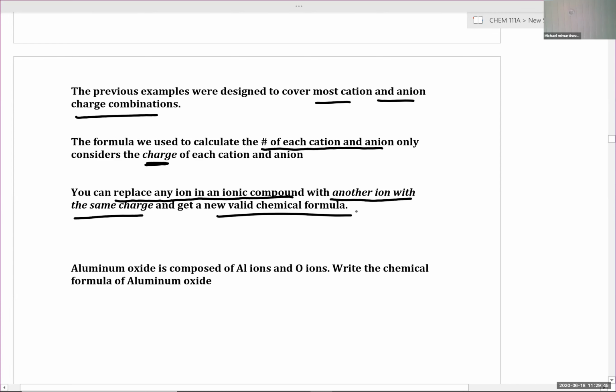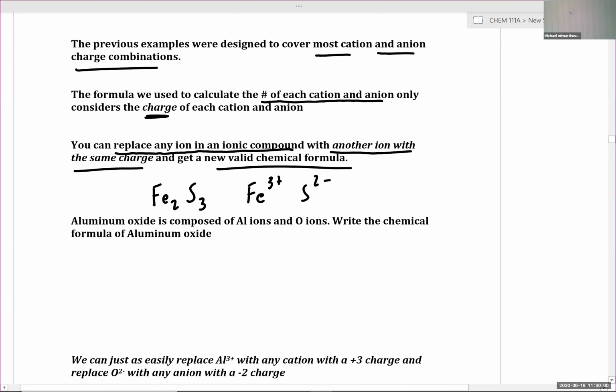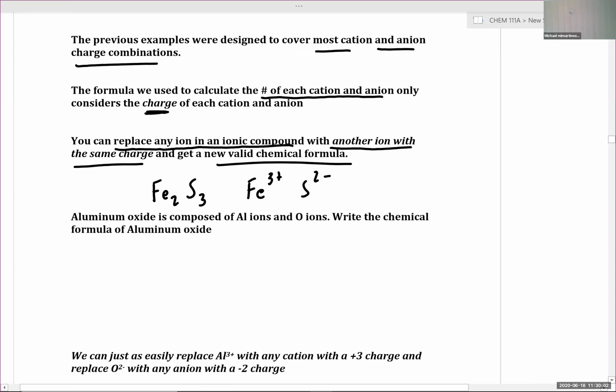Just to illustrate this point, iron sulfide is Fe2S3. That's composed of iron 3 plus and S2 minus. We can just as easily look at a somewhat tangentially unrelated compound.